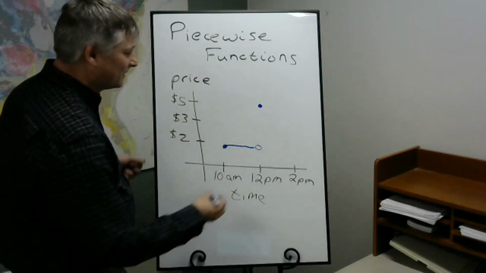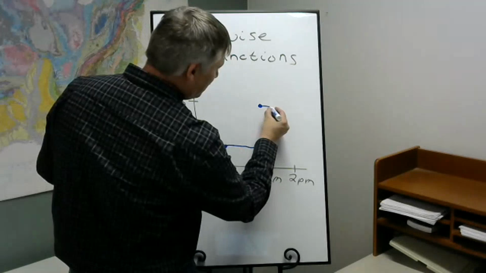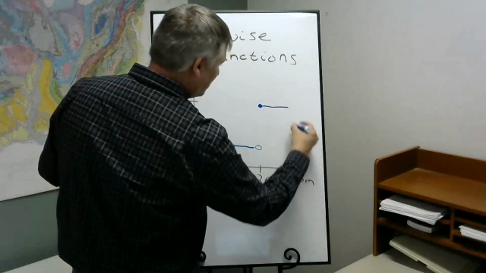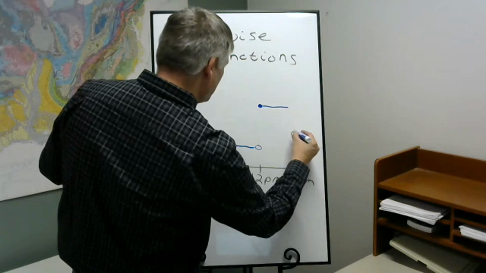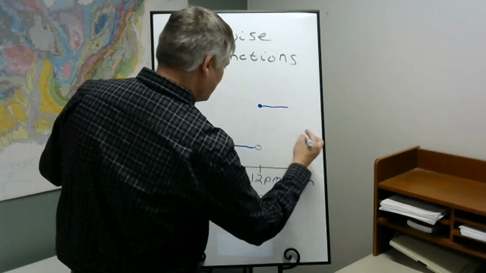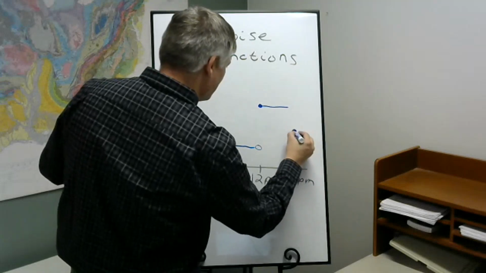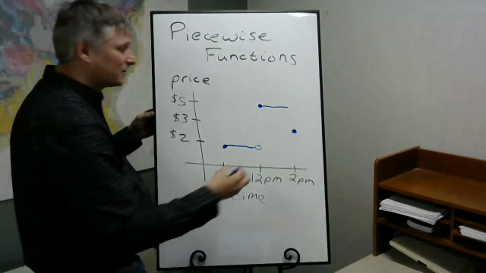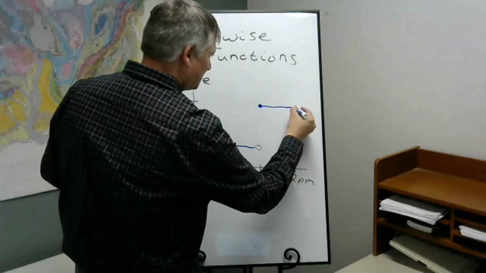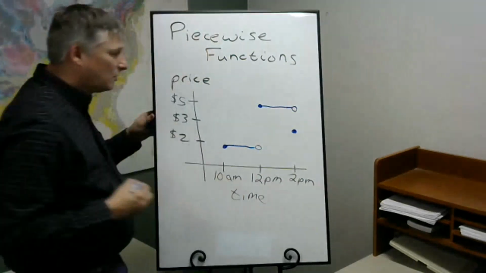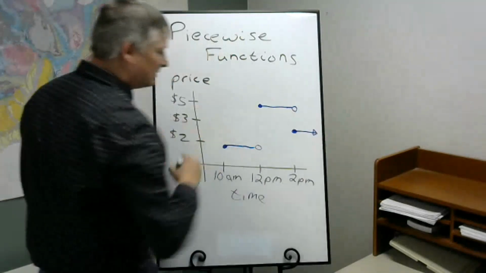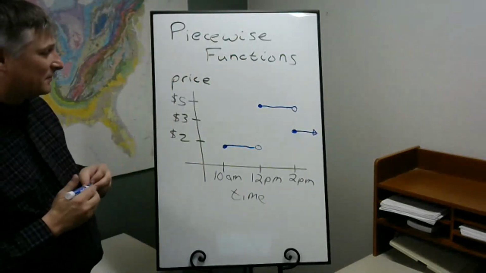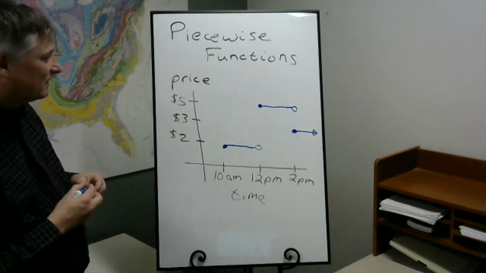And then it'll stay at $5. And then suddenly, right at the strike of 2 p.m., it's going to be $3. So at 2 p.m., it's no longer going to be $5. It's now going to be $3. And then it continues on.